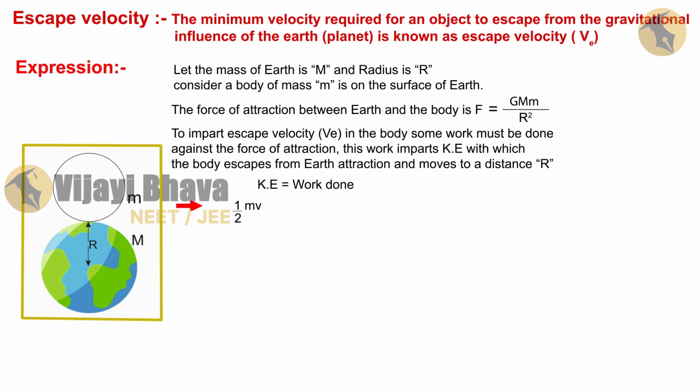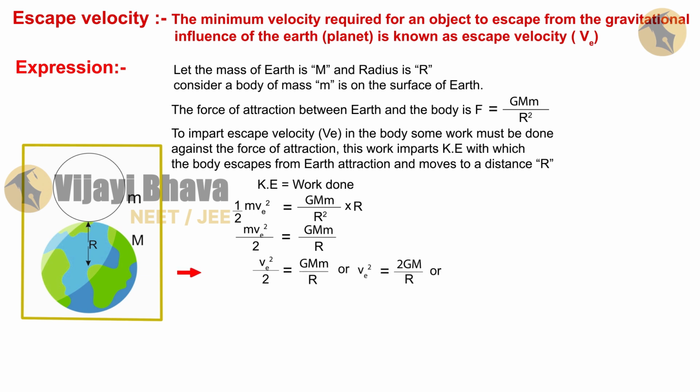Half mv² is equal to GMm/R² × R. mv²/2 = GMm/R. v²/2 = GM/R. v² = 2GM/R. Ve = root of 2GM/R.